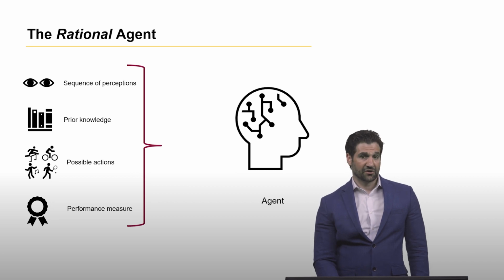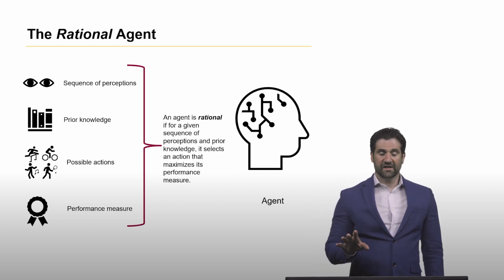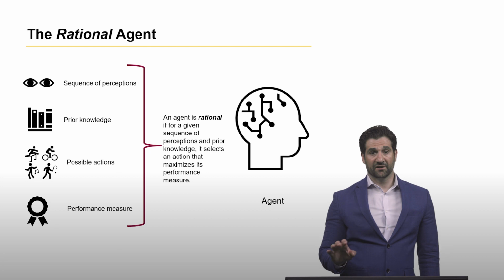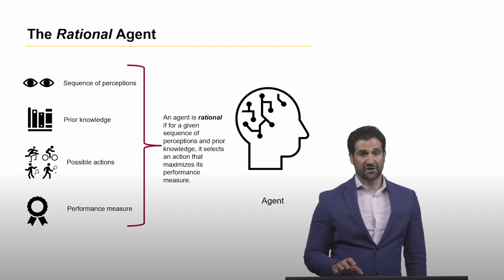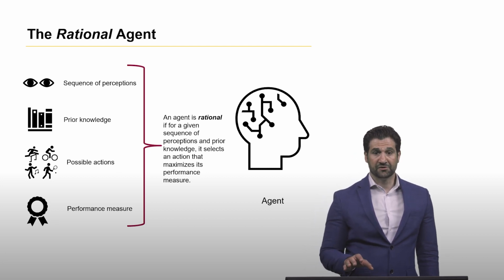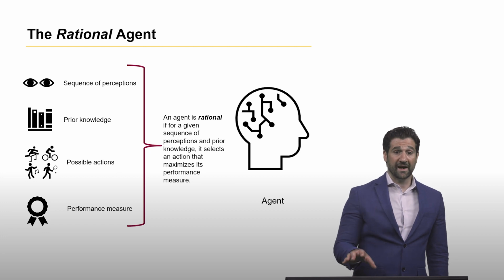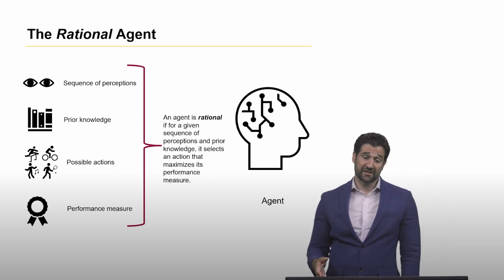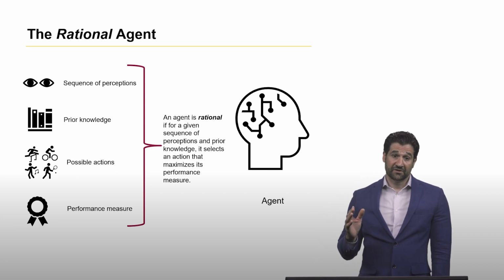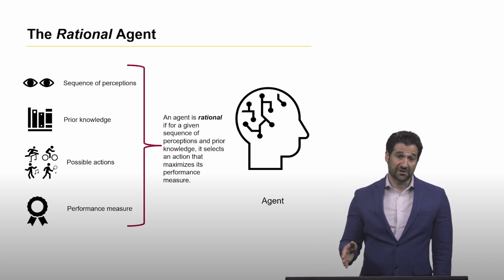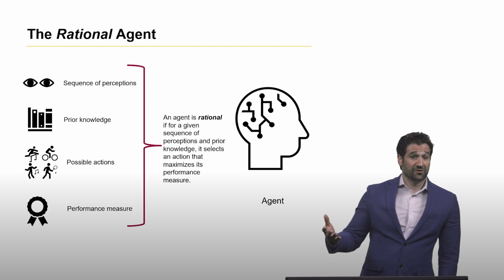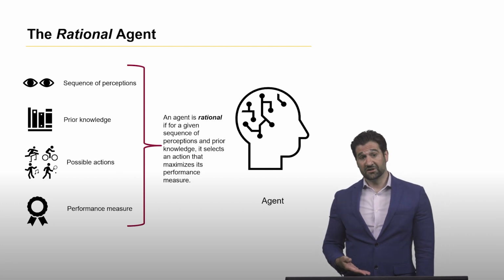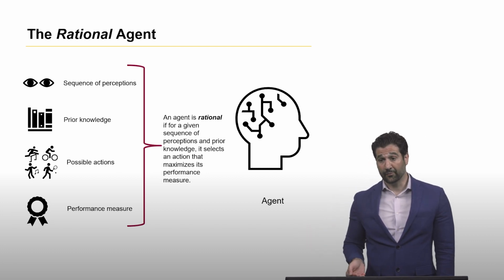So how do these things go together? Well, we say an agent is rational if, for a given sequence of perceptions and the prior knowledge, it takes an action that maximizes the performance measure. That pitcher in the baseball game is not going to throw a pitch that, based on the current situation, is going to lead to the batter hitting it out of the park.